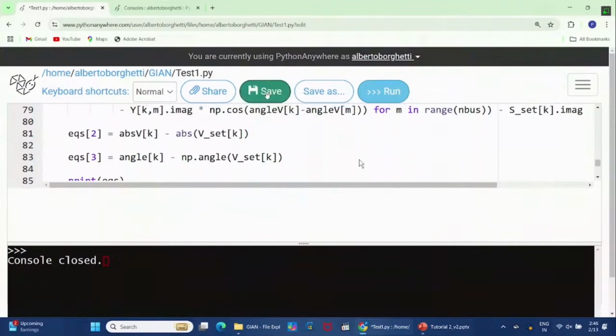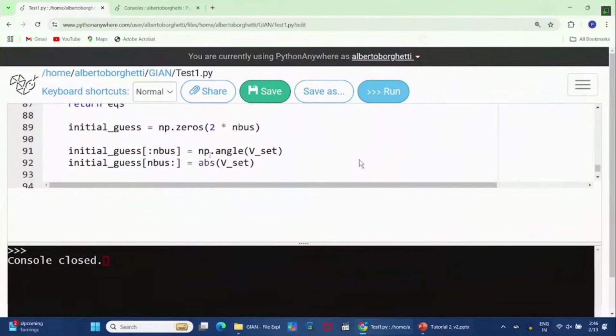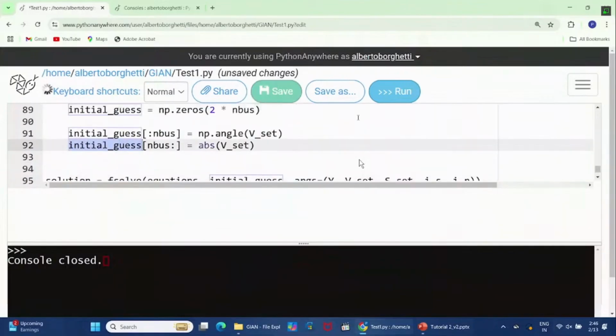I'm saving. Still complaining, name undefined angle. Why? I will try to run. At this point, undefined initial guess. Undefined initial guess, but it is here. I've written it in the same way, so it is defined.